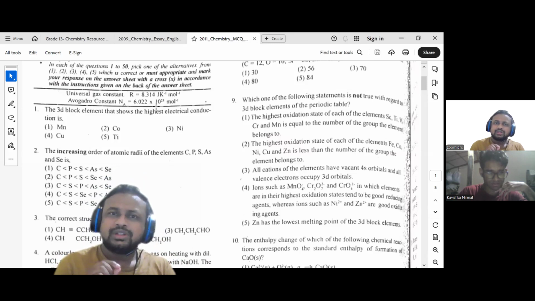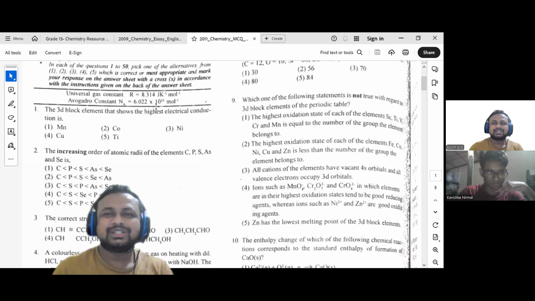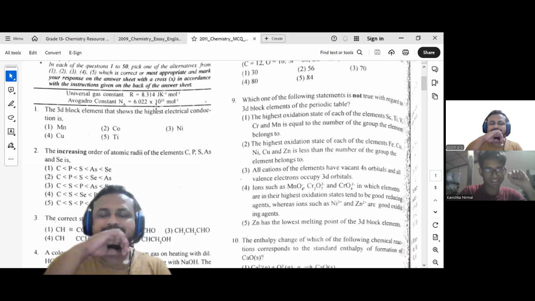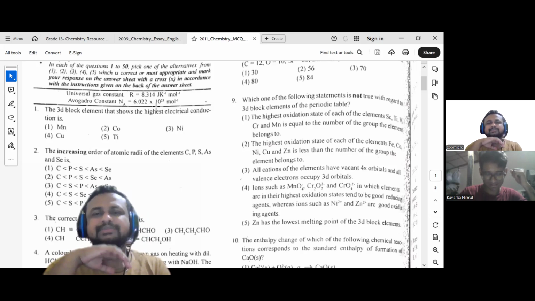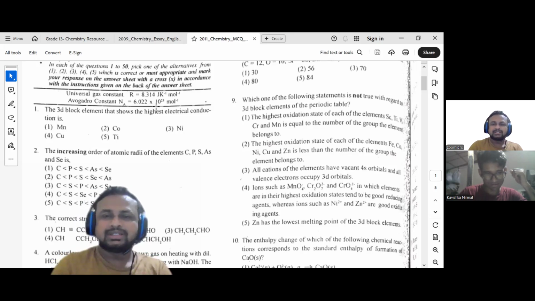How did you get the answer? Usually, in many conducting items, we use copper. That's right. We can approach this in two ways.